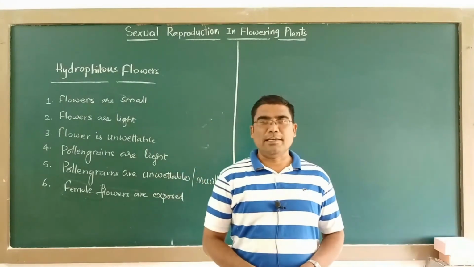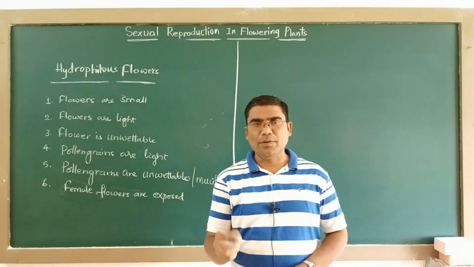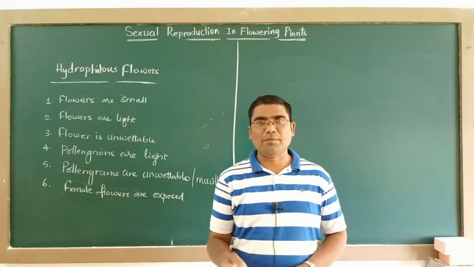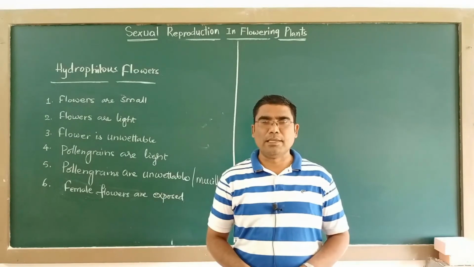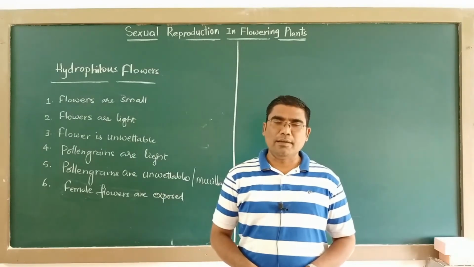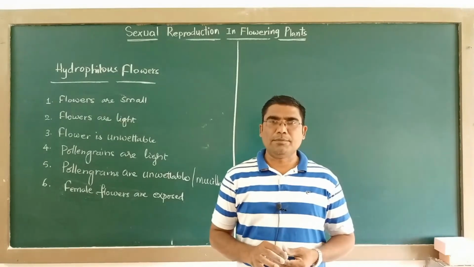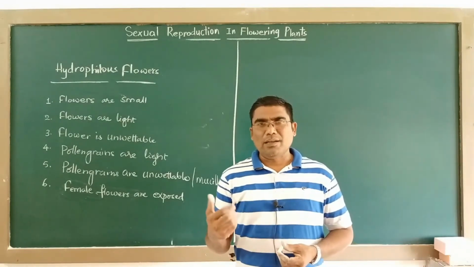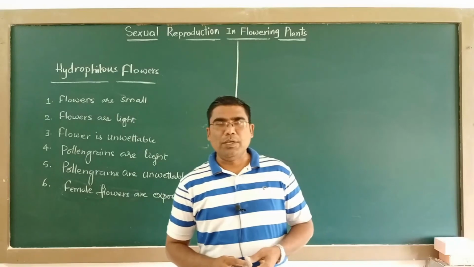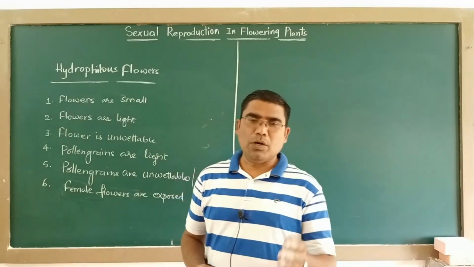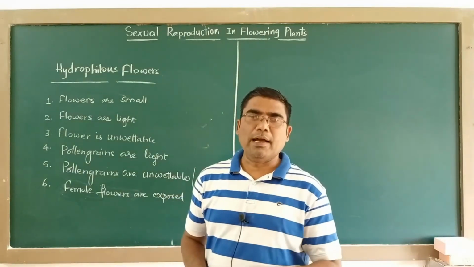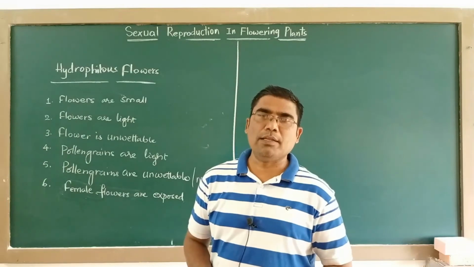Flowers are smaller in size. Hydrophilous flowers are present in aquatic conditions. Water currents may cause damage to bigger flowers. To avoid this, hydrophilous flowers are commonly smaller in size.